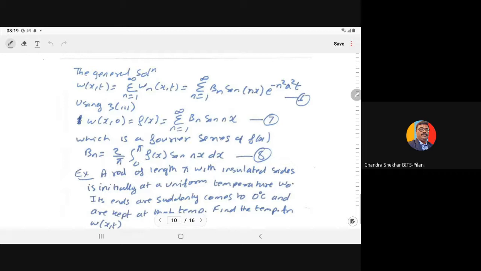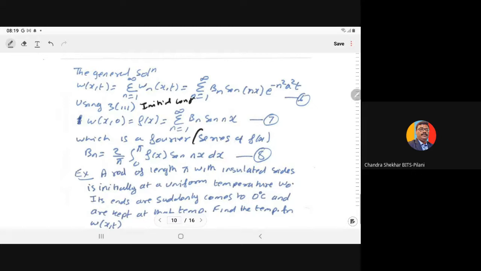Now we put the initial condition. When we put t equal to 0, w(x, 0) is equal to f(x). So here we have the summation n equal to 1 to infinity of bn sin nx, which looks like the Fourier sine series.